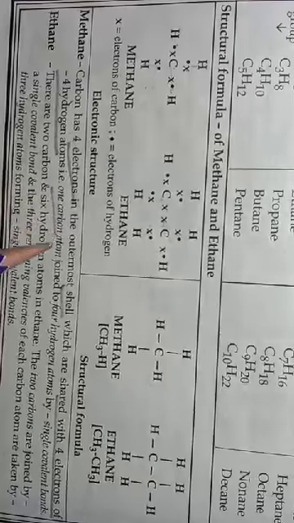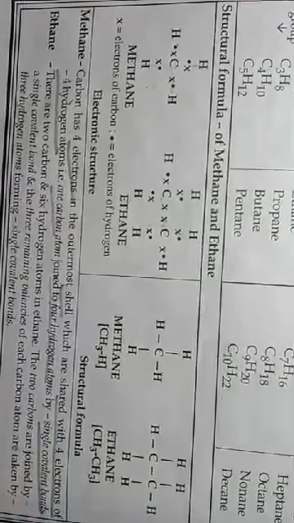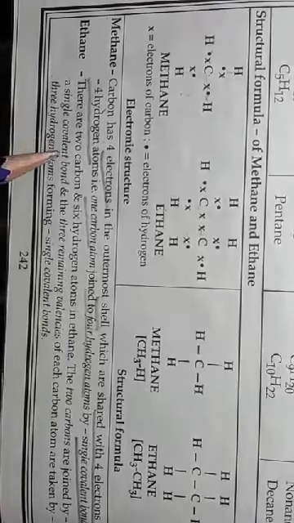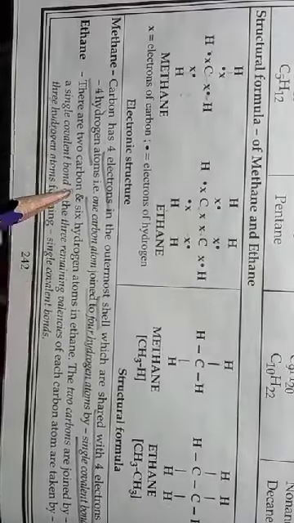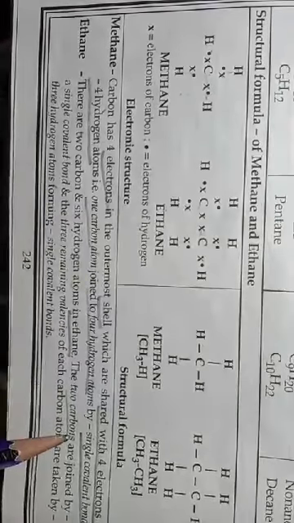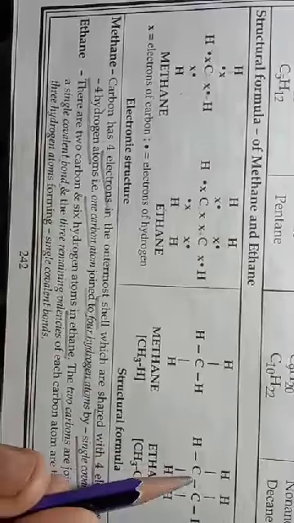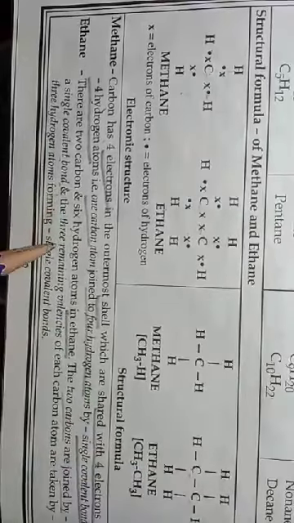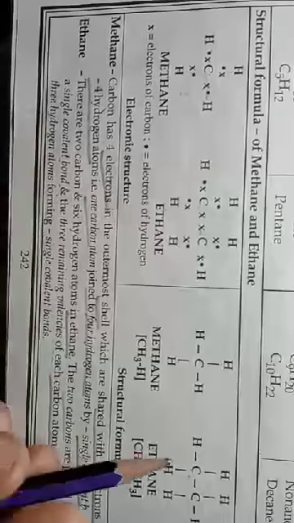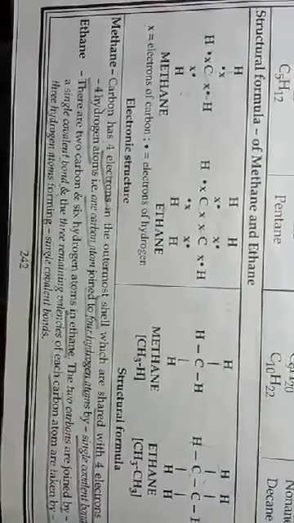That is, 1 carbon atom is joined to 4 hydrogen atoms by single covalent bonds. In the case of ethane, there are 2 carbon and 6 hydrogen atoms. The 2 carbons are joined by a single covalent bond, as you can see here, and the 3 remaining valencies of each carbon atom are taken by 3 hydrogen atoms, forming single covalent bonds.